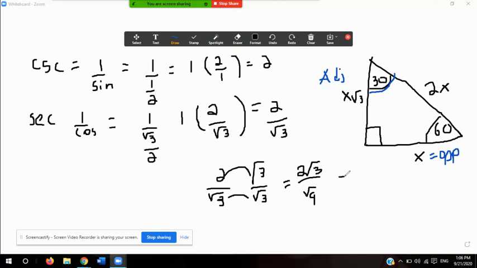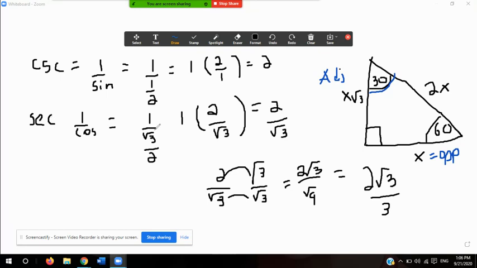The square root of 9 is 3. So my final answer for the secant of 30 is 2 times the square root of 3 over 3. Okay? And that's my answer for the secant.